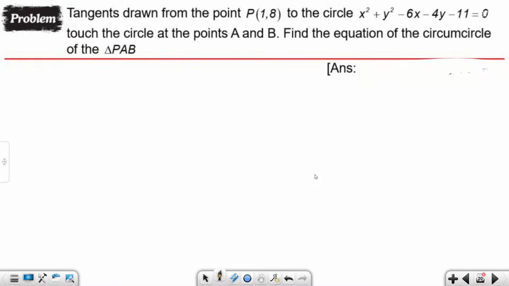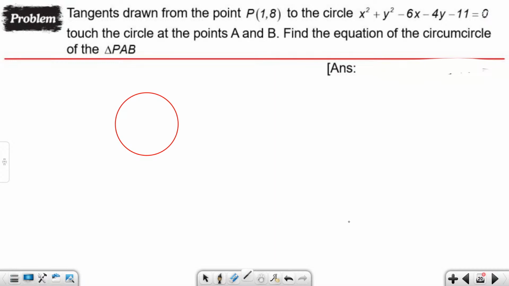Okay, now let us see. This is again a very, very important question. Tangents are drawn from a point. What do you mean by tangent? A tangent is basically a line which intersects the circle at only one point.